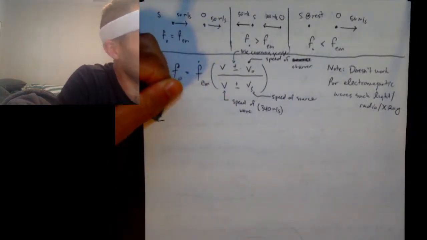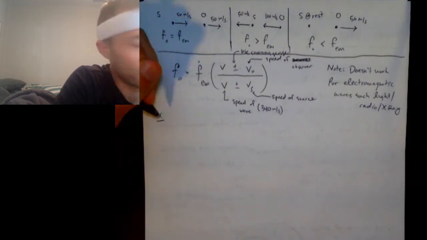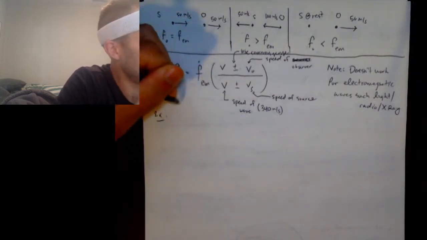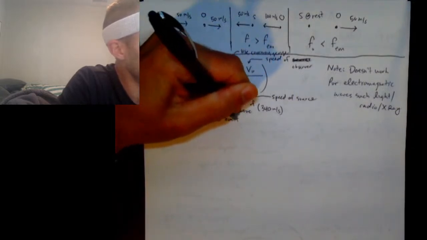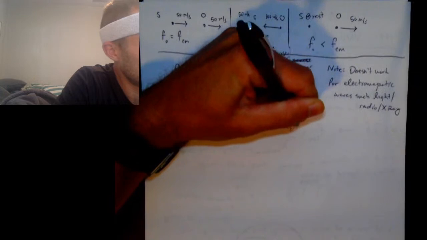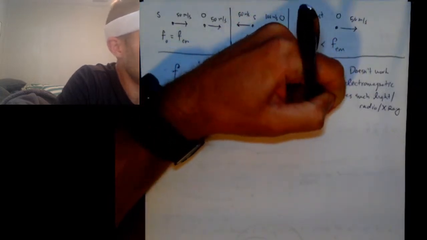So my first example, this is the classic example of the Doppler effect. We have an ambulance that emits a siren of frequency 1000 hertz.